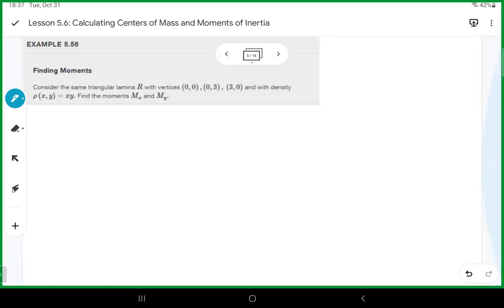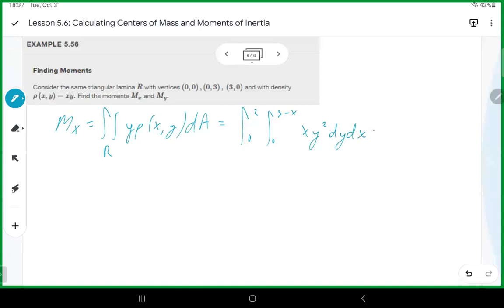And with the density, find the moments M sub X and M sub Y. So M sub X is the integral from 0 to 3, 0 to 3 minus X, X, Y squared, dy dx. You go through and work all that out, and you're going to get 81 over 20. You can feel free to do that. It'll be a good self-check for you.